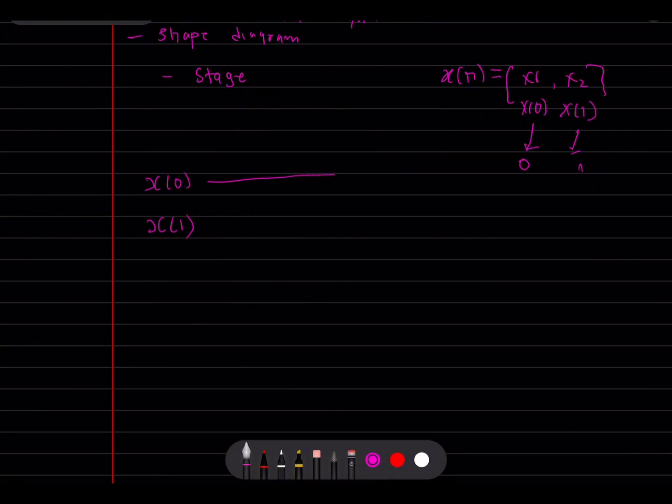The simplest butterfly we can draw has two wings, the upper wing and the lower wing. Then the output comes here, x of 0 and x of 1, which represent our x of k.